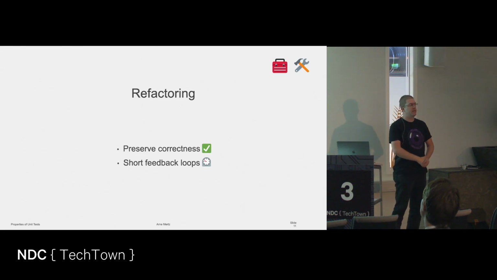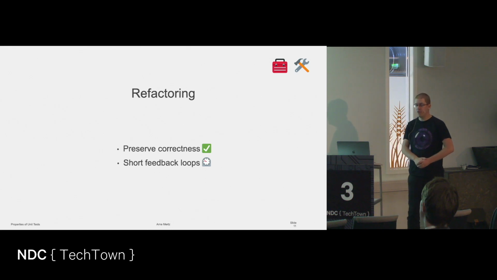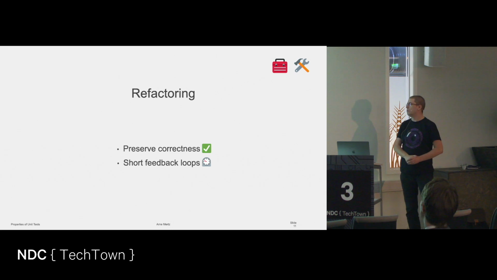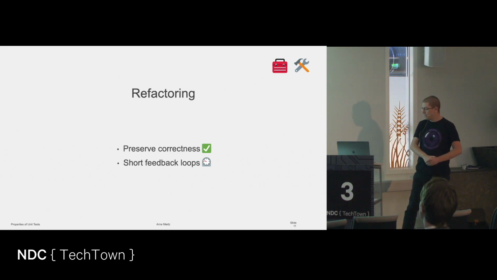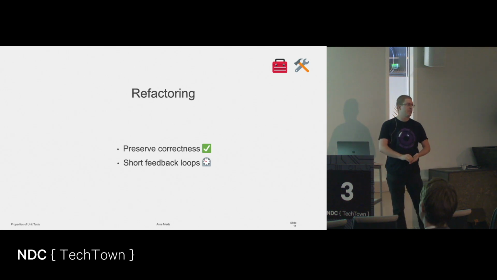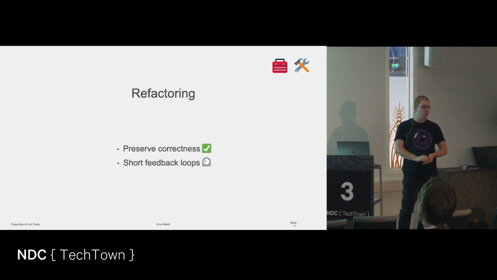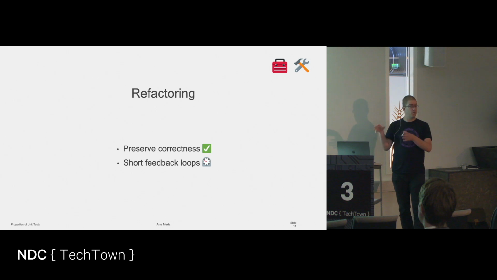Refactoring is another use case for unit tests. Refactoring means we are changing our code without changing its actual behavior. So cleaning up code, making it more readable, changing names, maybe replacing for loops with standard algorithms, stuff like that, right? Not changing the behavior means we should be running our tests continuously to check that we didn't accidentally change any behavior.